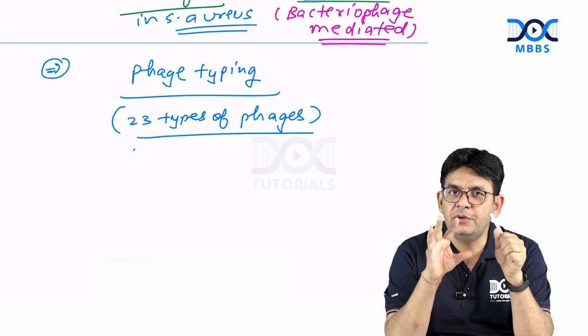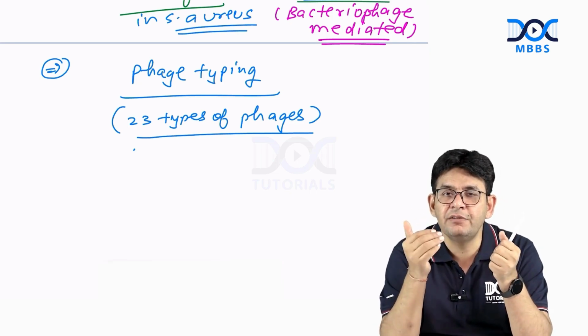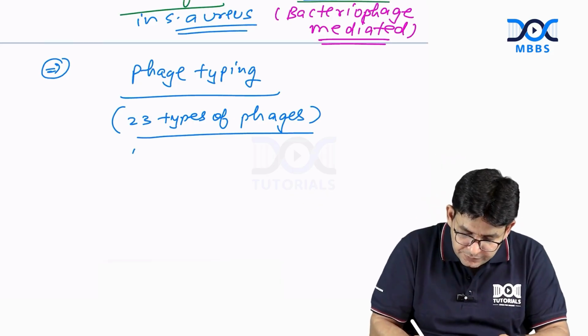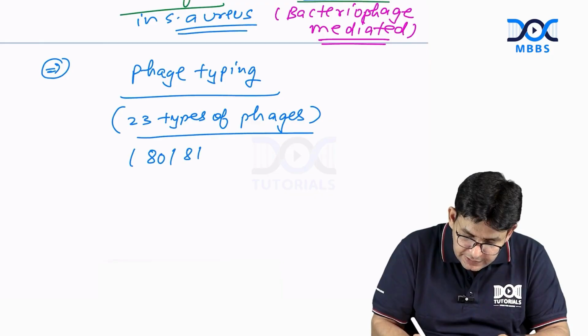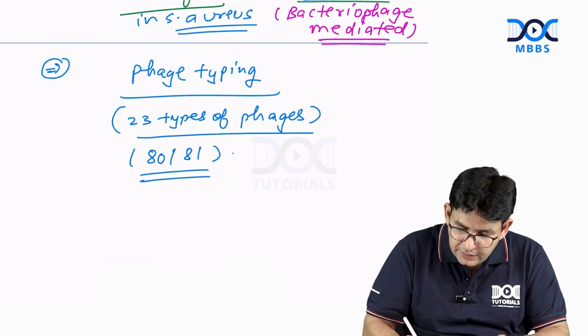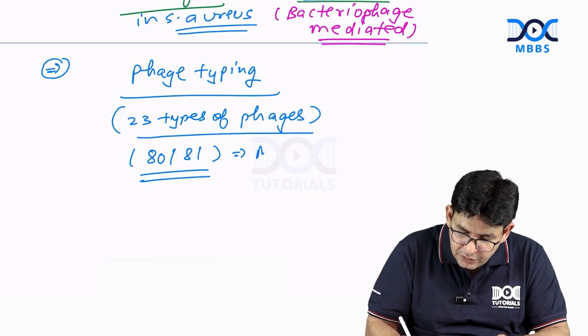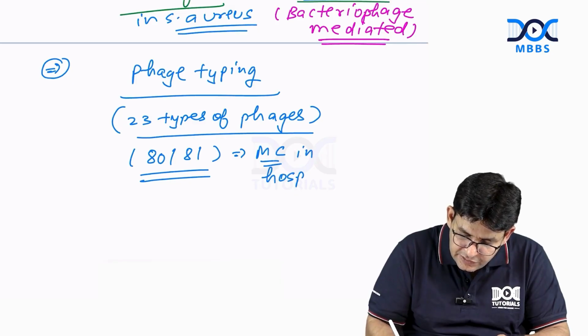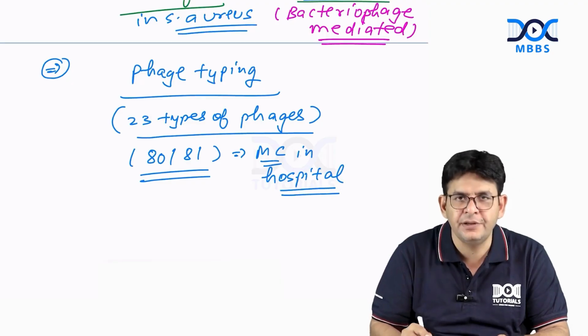And what they have found are 23 types, like 40-41, 60-61, 80-81. So they found this particular phage or strain to be the most common in hospitals: 80/81.